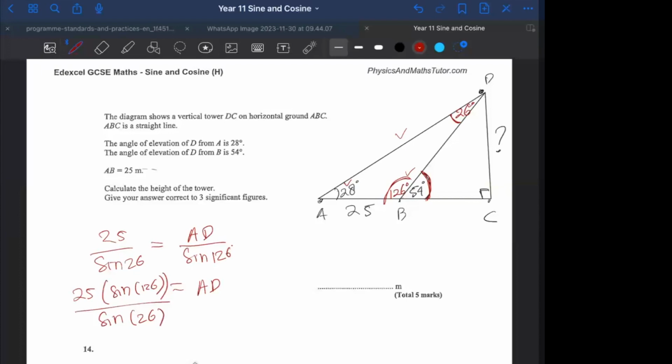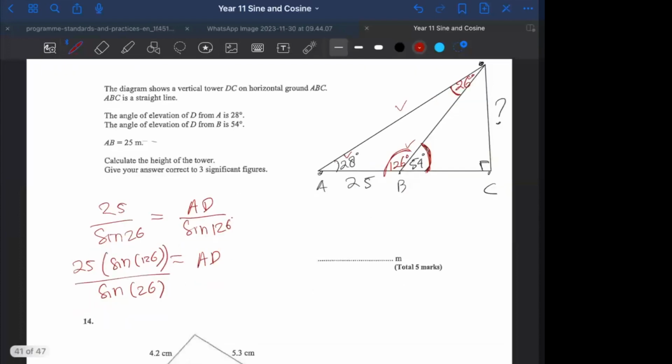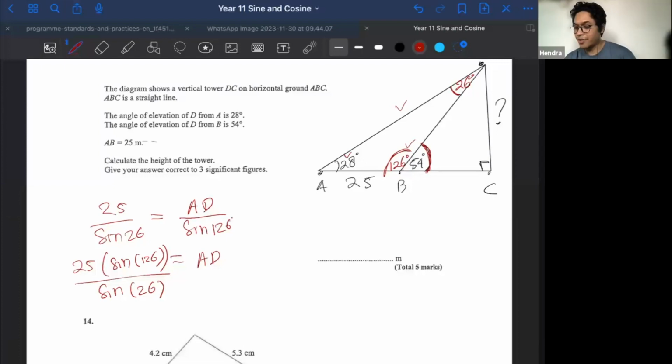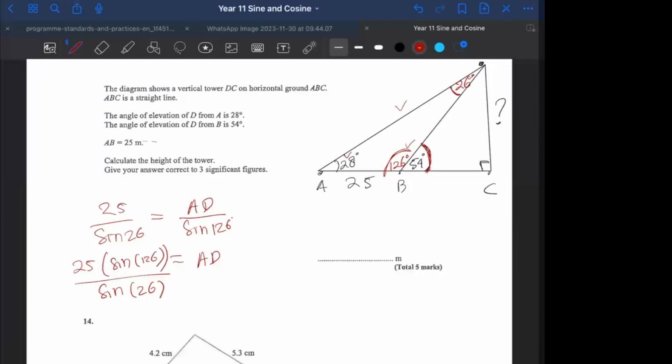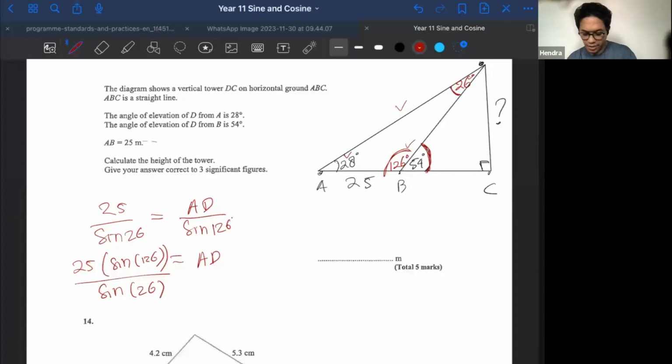What is it? Hold on, I'm just doing it. 25 times sine 126 divided by sine 26 is 46.1.